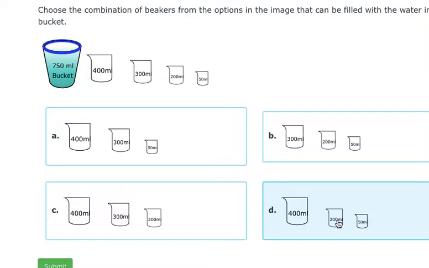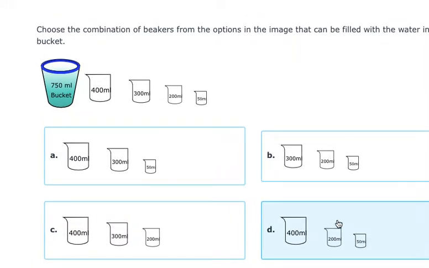Choose the combination of beakers from the options in the image that can be filled with water in the bucket.